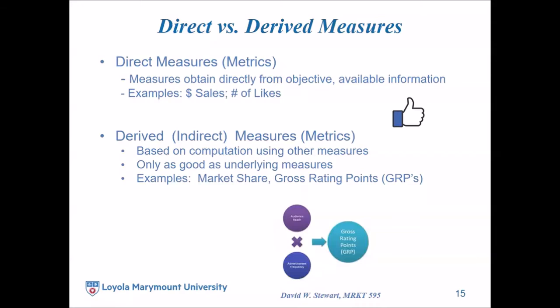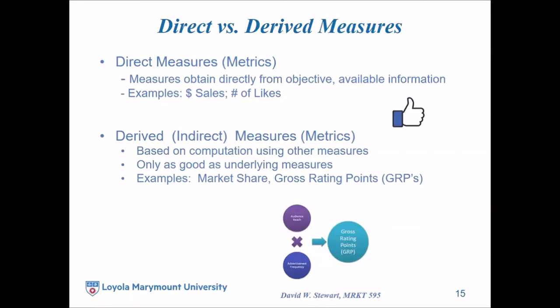There are other derived measures. Gross rating points. If you've taken an advertising course, you've probably been exposed to gross rating points. Gross rating points are what you buy in broadcast advertising, and they represent a combination of how many households you reach, what percentage of households you reach at least once, and how many times you reach on average each household.